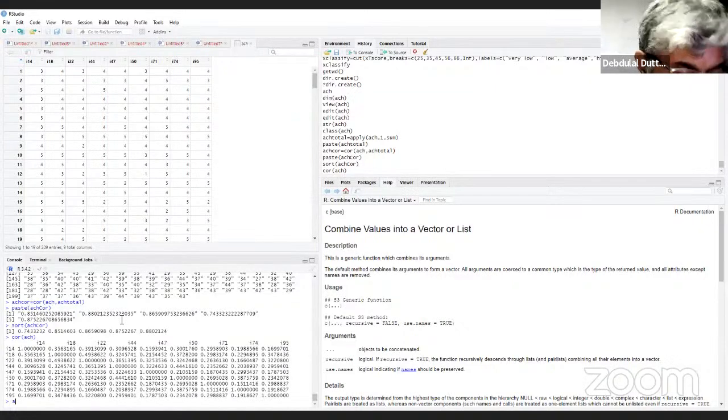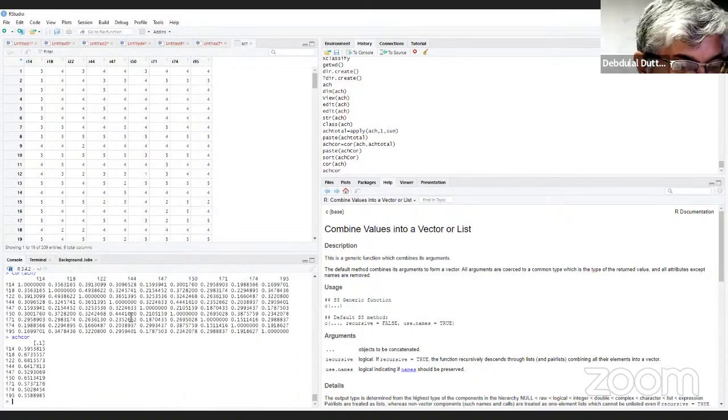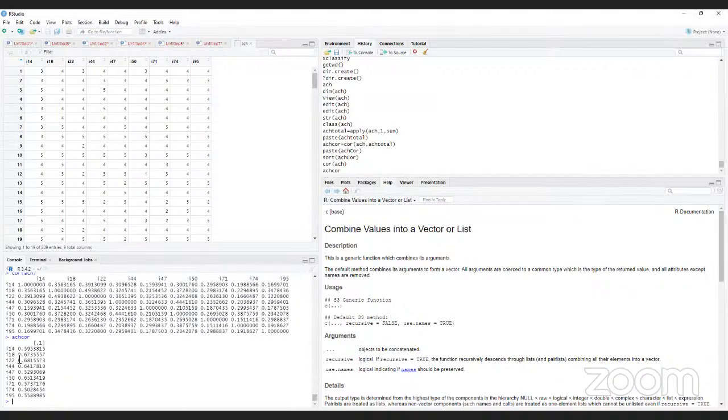What is the H code? Okay, so now I think 9 values are there. So 9 values are now available.